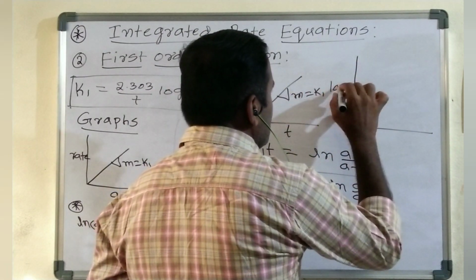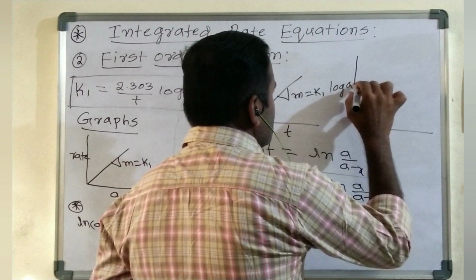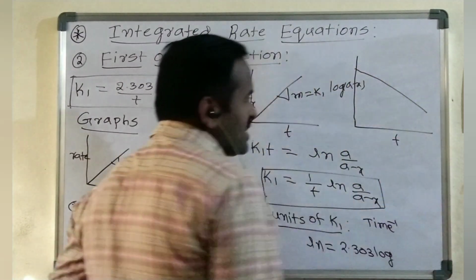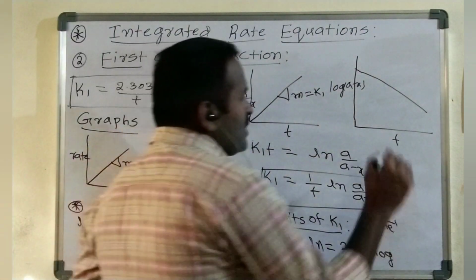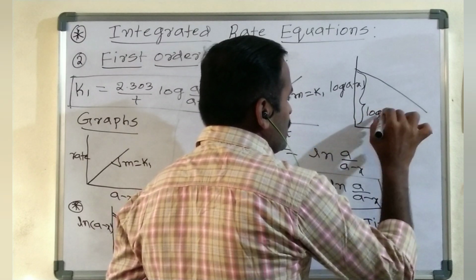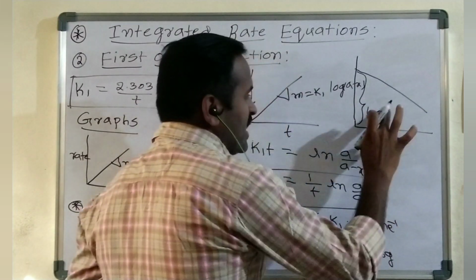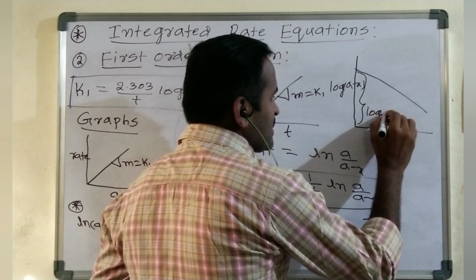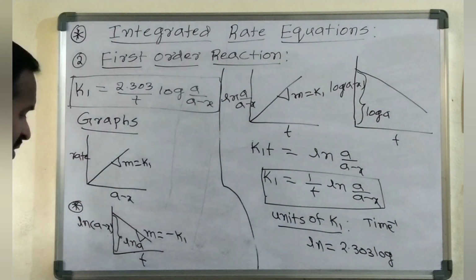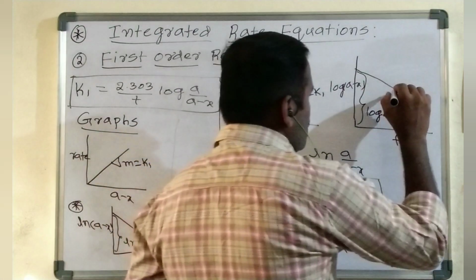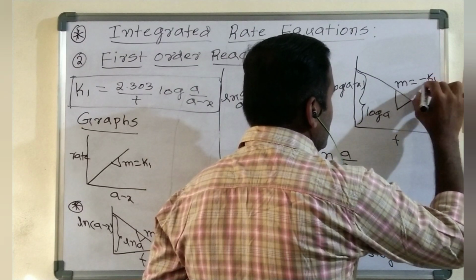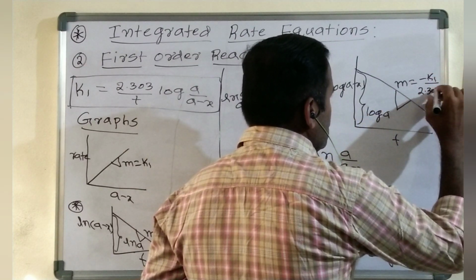Even you can take a graph between log(a - x) versus time, and you will again get a negative slope. Here log a is the intercept, and the slope m is equal to minus K1 by 2.303.